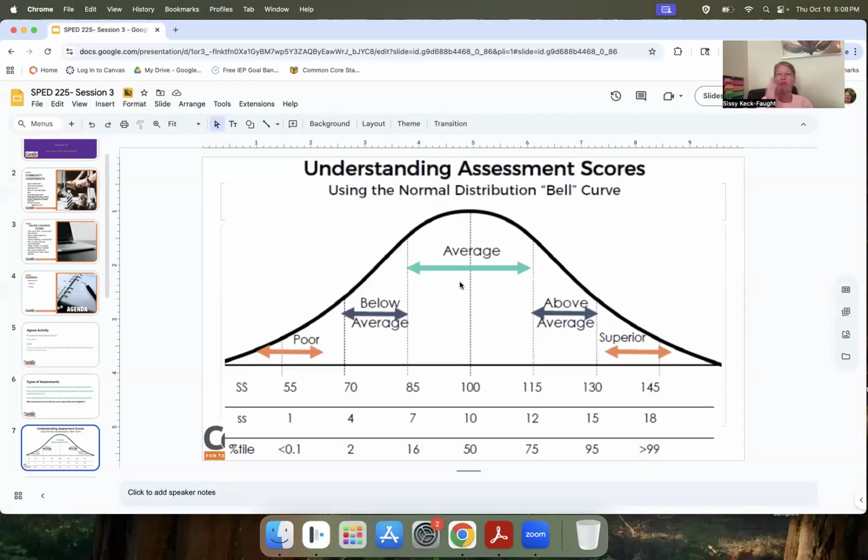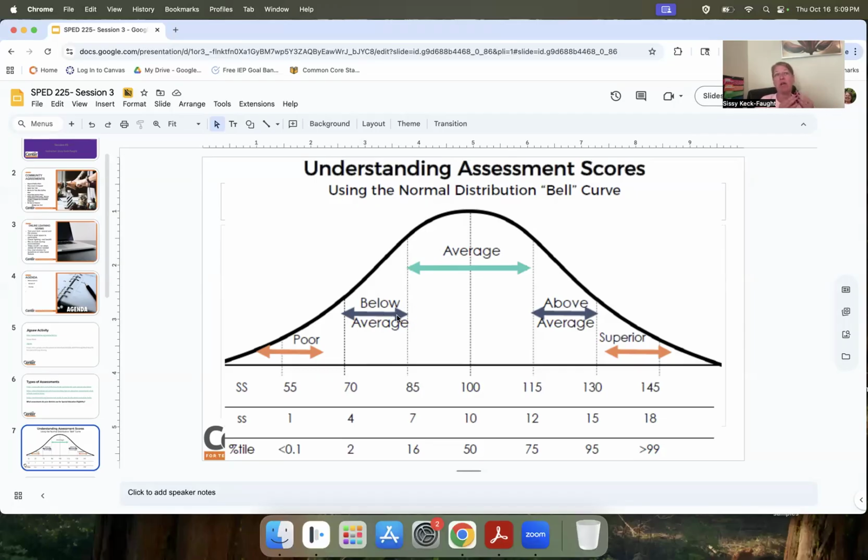High average and low average are different, but right there in the average is where the majority of our students, general ed or special ed, would fall whenever their scores come out. If you have students who are down from 89 all the way to about 70, we consider that below average.